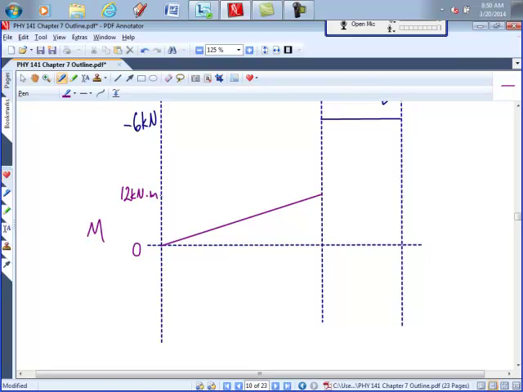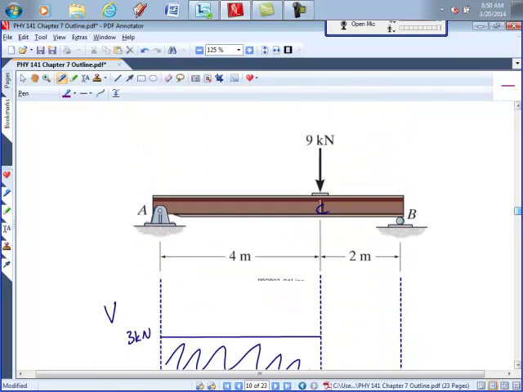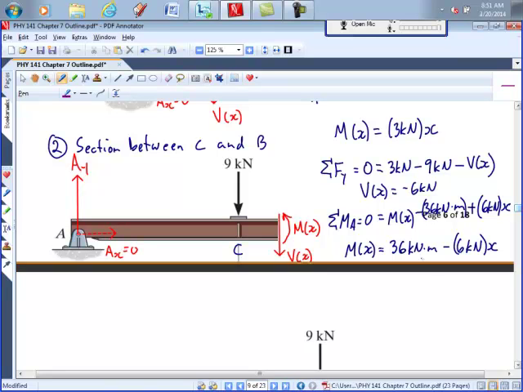And then what happens between C and B? Well, it doesn't actually start at 36, because it starts at x equals 4. And at x equals 4, this is going to be 36 minus 6 times 4, which would be 12, right?